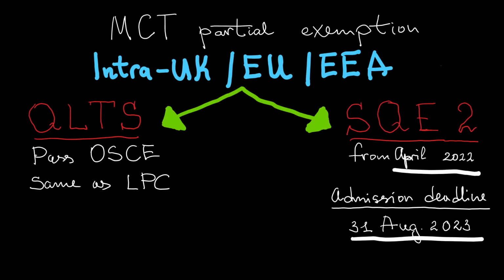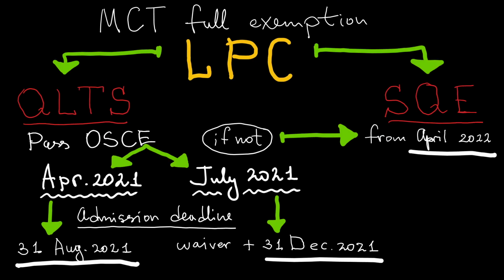If you are unable to clear it, you can sit SQE2, because LPC grads would have to sit SQE1 and then SQE2, so they are not exempt unless they individually provide an exemption, which is a separate topic for our consideration.